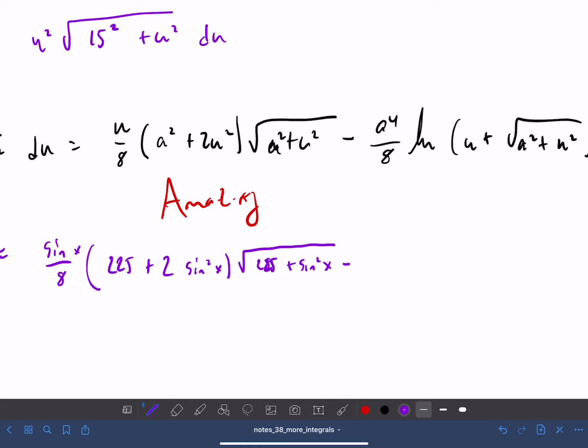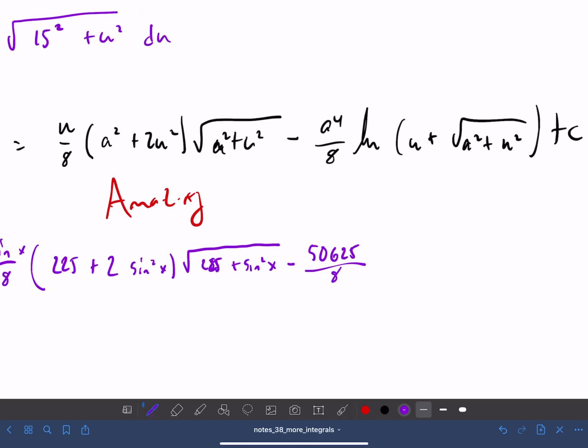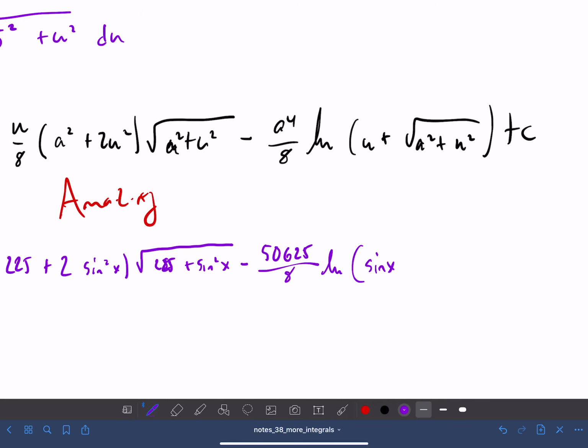Ooh, I'm going to reach for the calculator on this one because that's 15 to the 4th. Fine, I'll just do it as 15 to the 4th. It's fewer keystrokes. 15 to the 4, enter. 50625 over 8. Those numbers are relatively prime, so there's no simplification there. Times the natural log of sine of x plus the square root of 225 plus sine squared of x, plus some constant c.